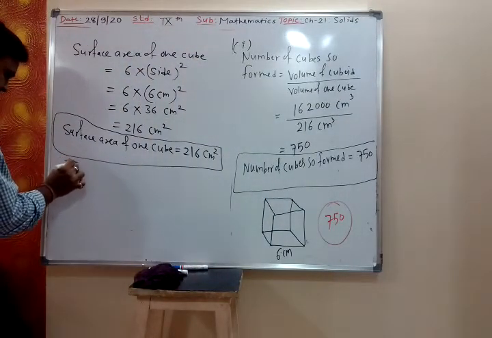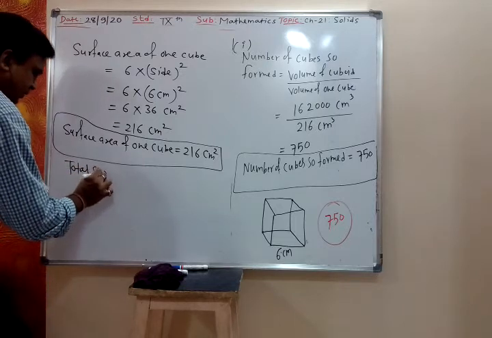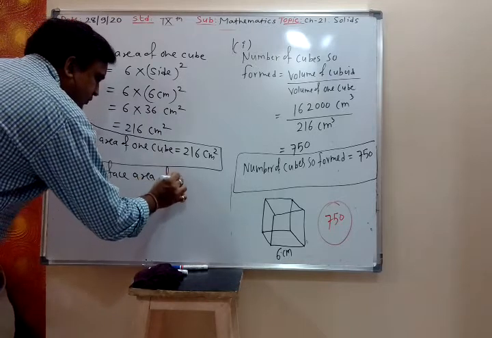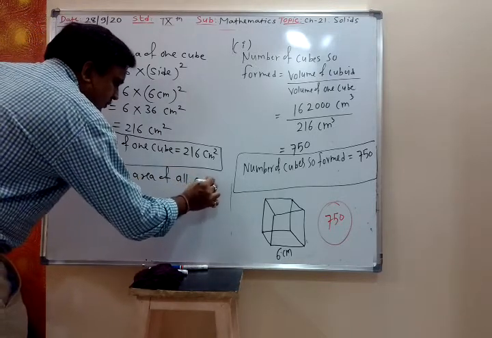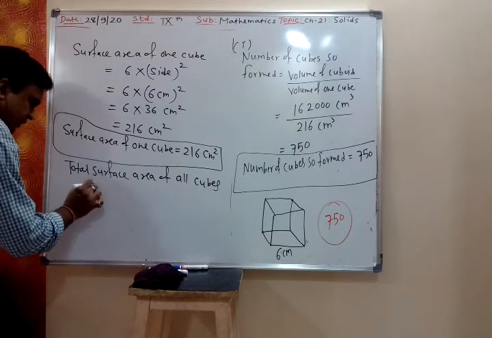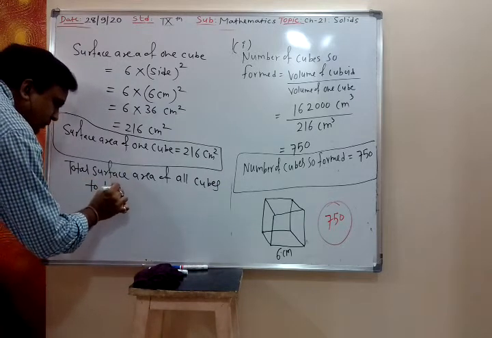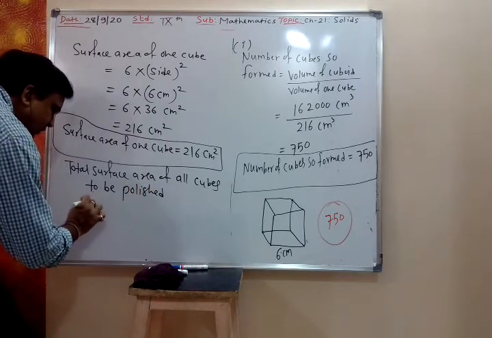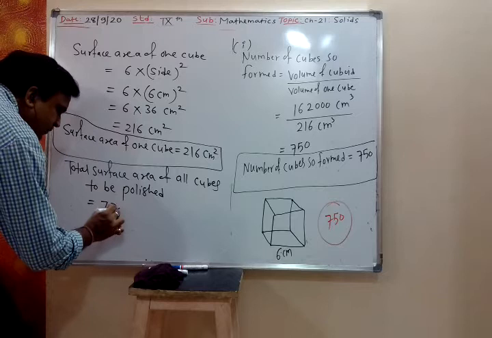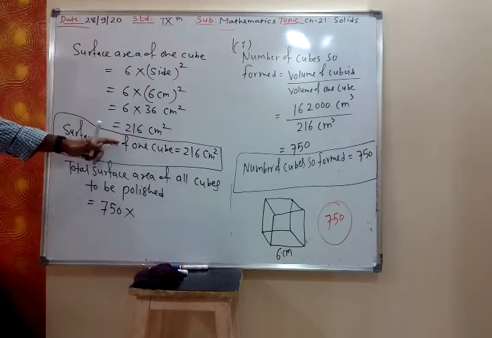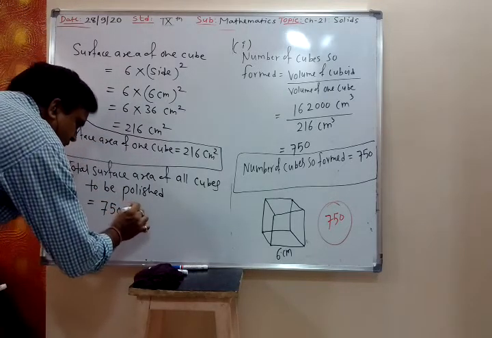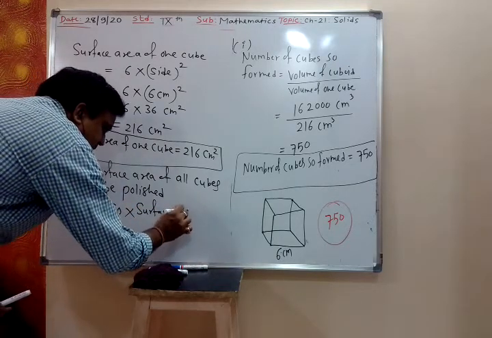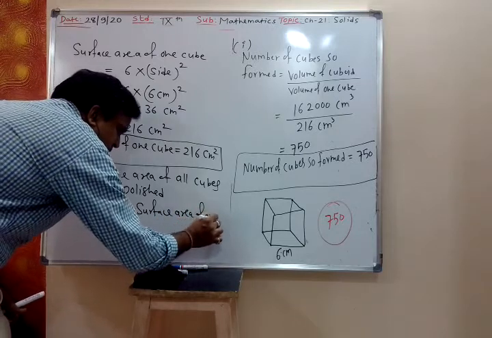So I will find the total surface area of all cubes to be polished. Total surface area of all cubes to be polished will be, total how many cubes are there? 750 multiplied by the surface area of one cube.